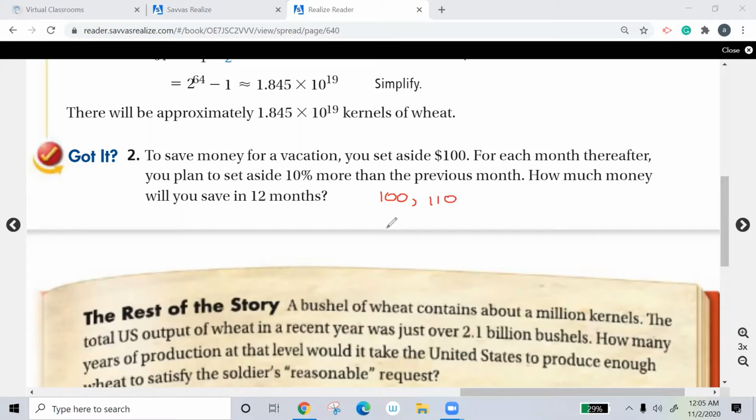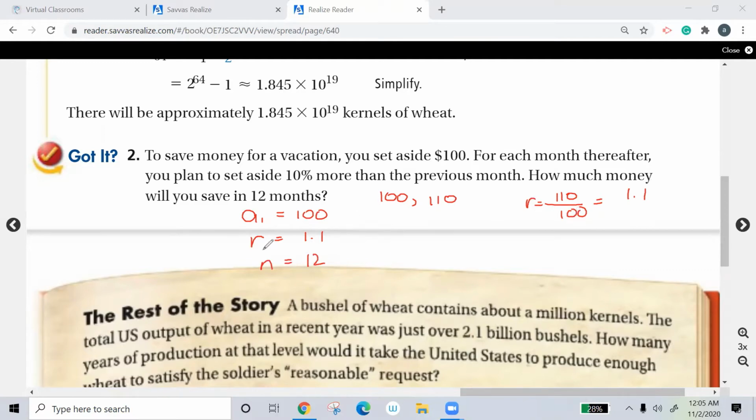Okay, so next, what is our a sub 1? a sub 1 is 100. Our r is, what is 110 over 100? Second term over the first term. That is 1.1. So we will use 1.1 as our common ratio. Okay, and n is 12 for 12 months.